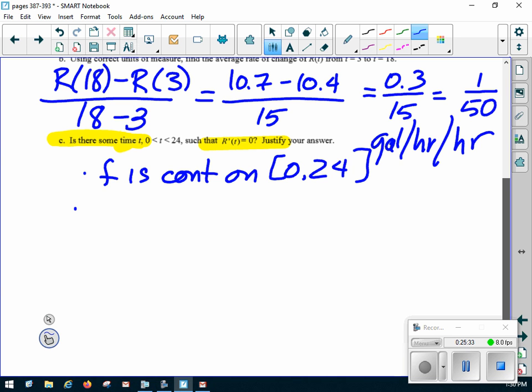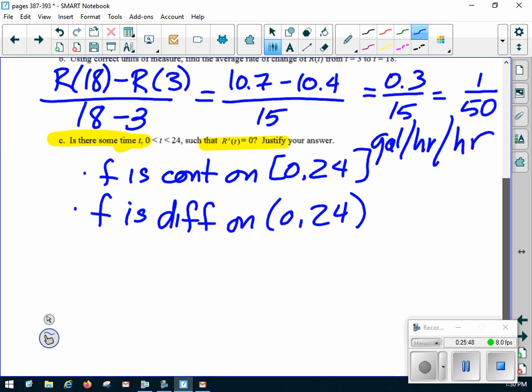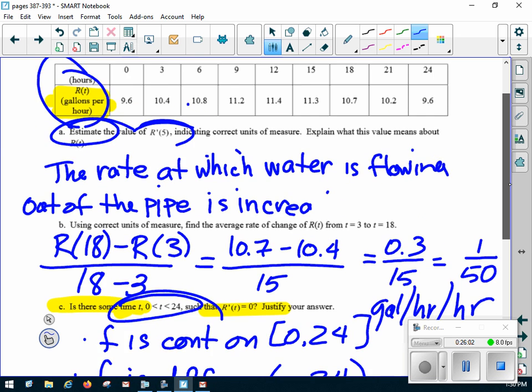Right. Because the definition of Rolle's says continuity on the closed interval. F is differentiable on the open interval. Now, I want you to notice, remember the last piece of Rolle's says f of a has to equal f of b. Now, is there some time in this interval where the derivative is 0?